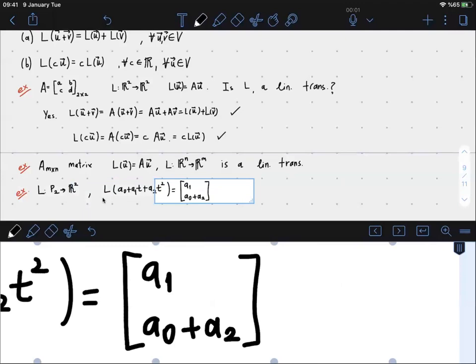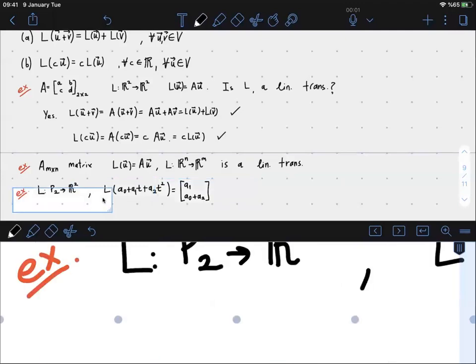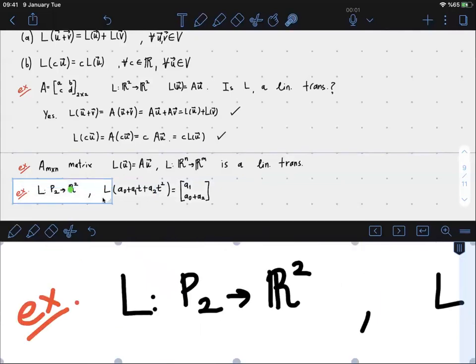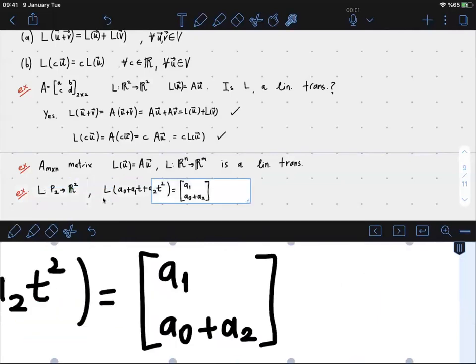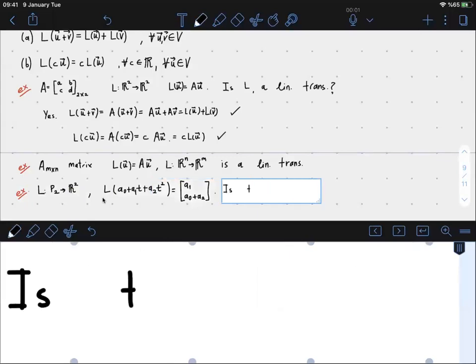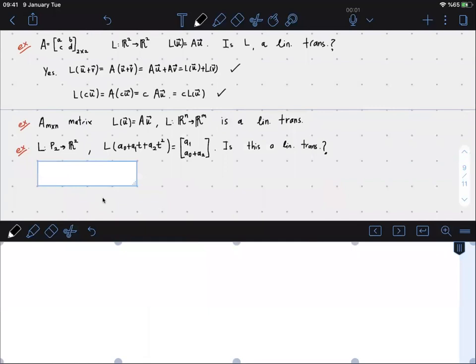So it takes a polynomial of degree less than or equal to 2, right? And it sends it to a 2-vector like this. I made up this function, and I want to check whether this is a linear transformation.